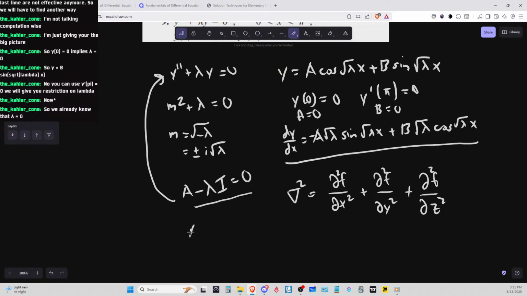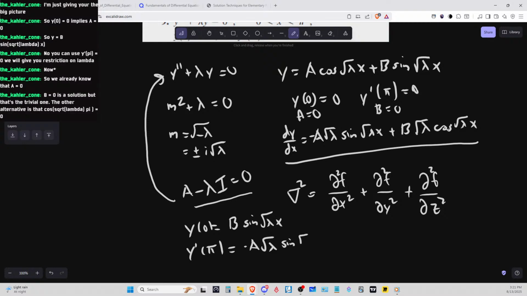Now if y 0 leads us to b sine, and then the derivative of that is equal to, yeah, so that would make that a lambda sine x.